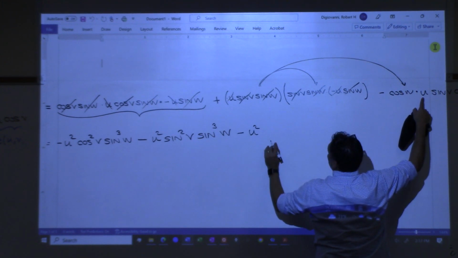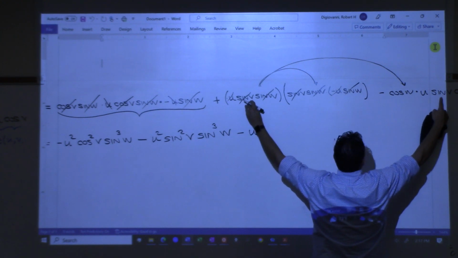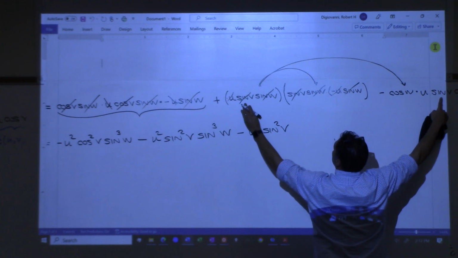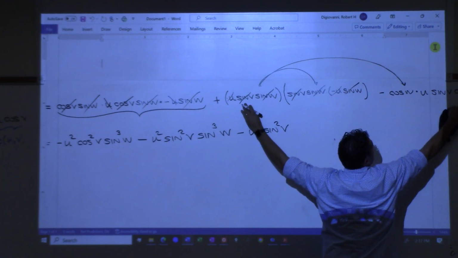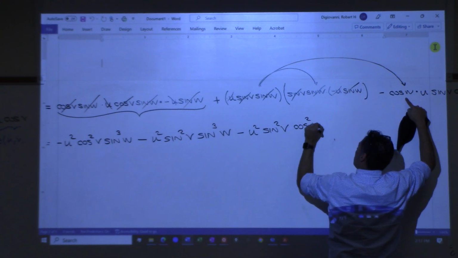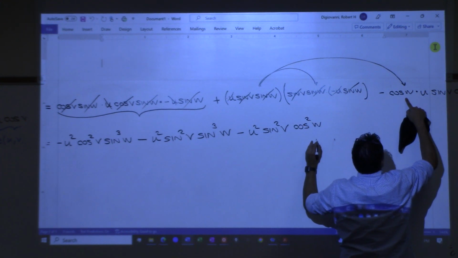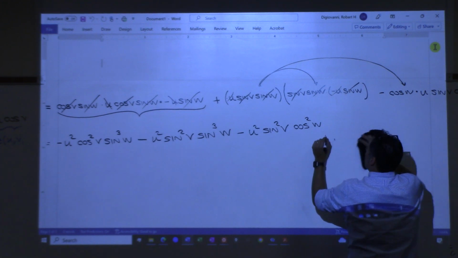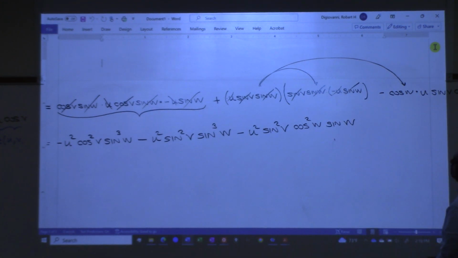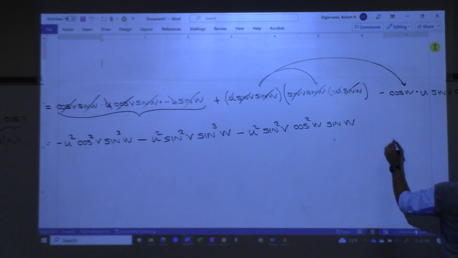What next? Let's do the v's. So sine squared v. What else? Oh, look, the two cosines right here. They're the same thing, right? Cosine squared w, and then we have how many sine w's? Just one? All right, that should be it. I hope. We'll find out here in a minute. Right? And then this last one over here, it's a minus.